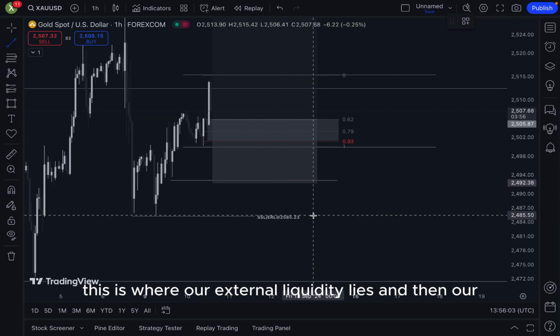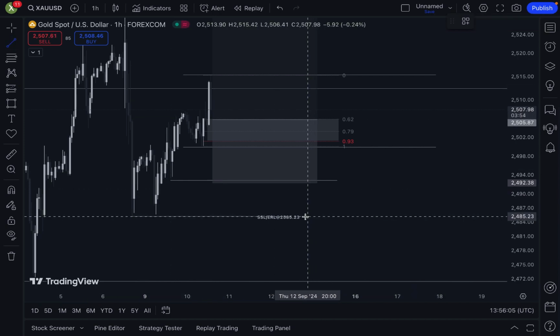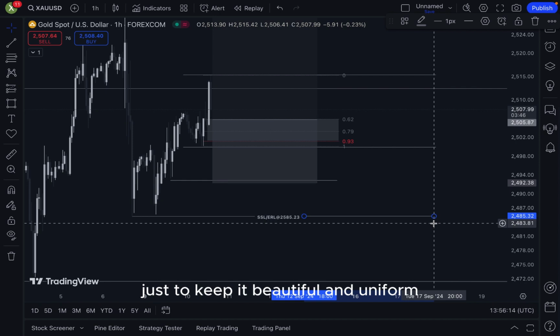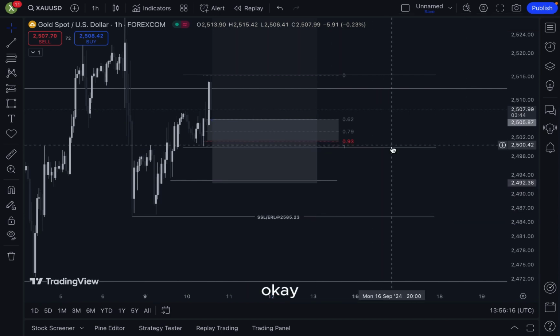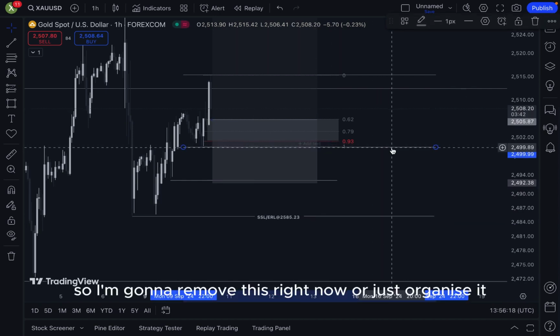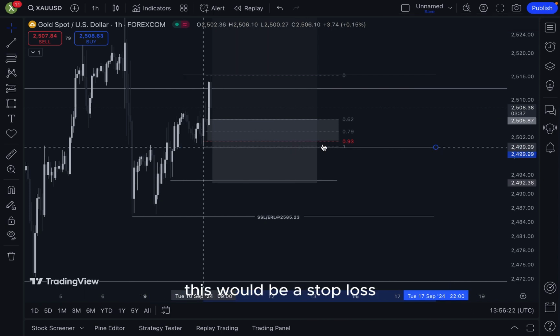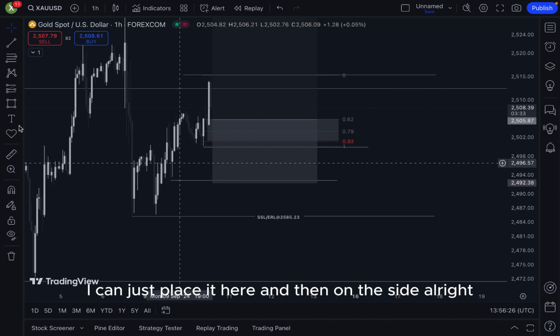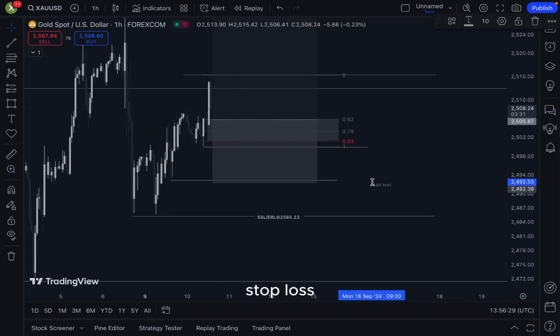And then we add another line just to keep it beautiful and uniform. Okay, so I'm gonna remove this right now, or just organize it. This would be our stop loss. I can just place it here, and then on the side I'll write stop loss.